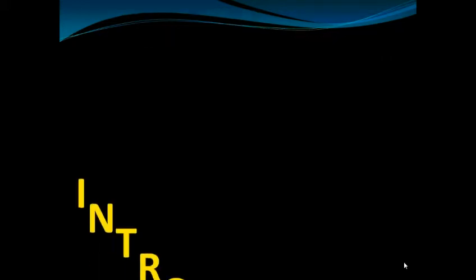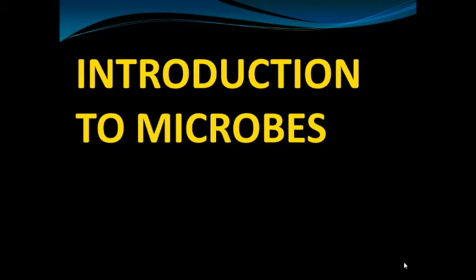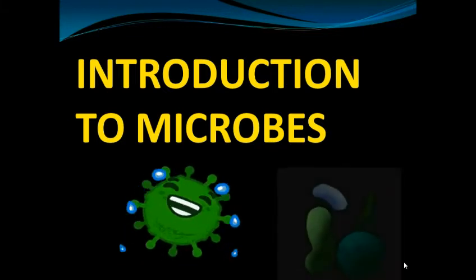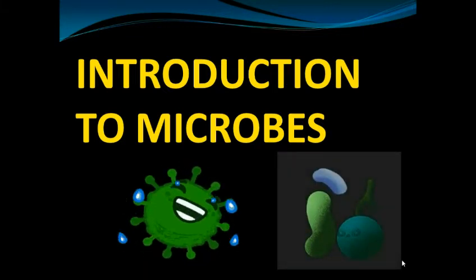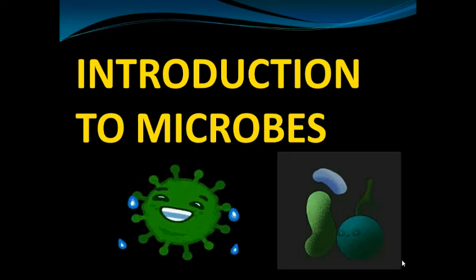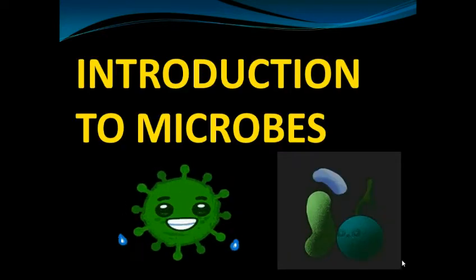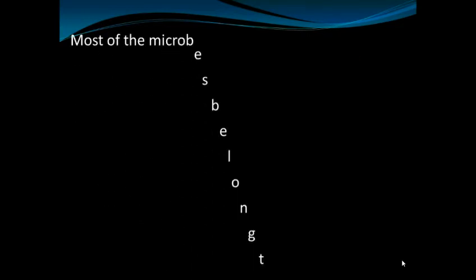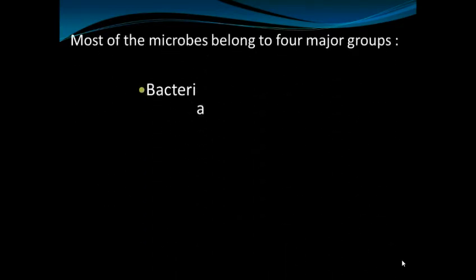Next we'll be moving on to introduction to microbes. When you neglect personal hygiene, you are increasing the risk of falling sick. Most of the microbes belong to four major groups, that is bacteria, virus, protozoa and fungi.